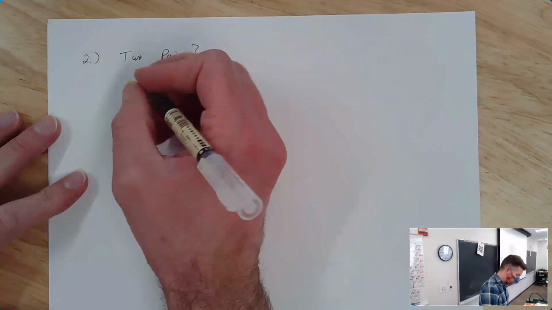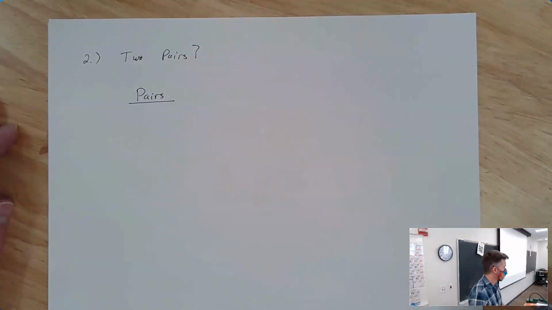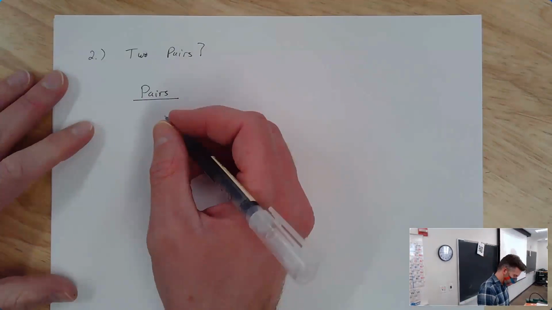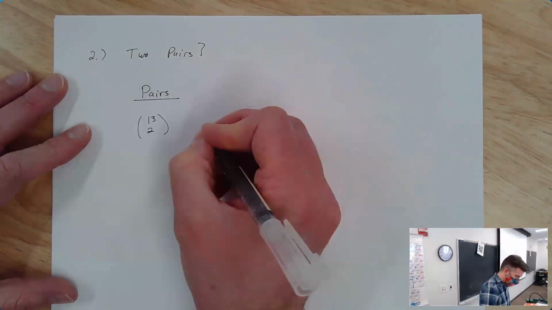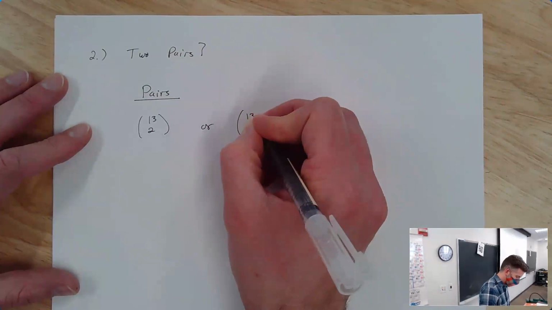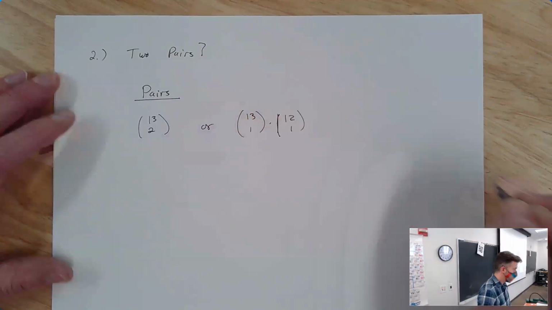So let's talk about how to pick the pairs. There are 13 ranks. So let me ask, do I want to do 13 choose 2, or do I want to do 13 choose 1 times 12 choose 1 to pick my ranks?